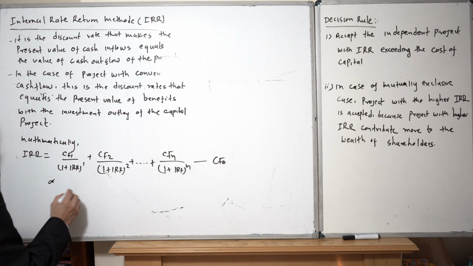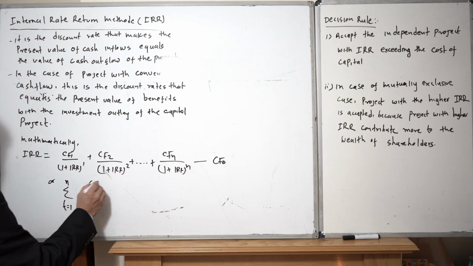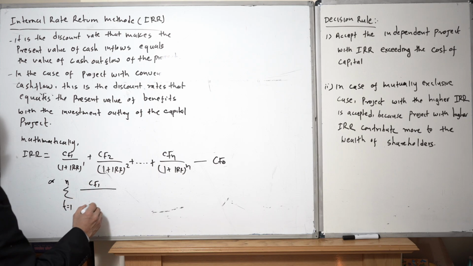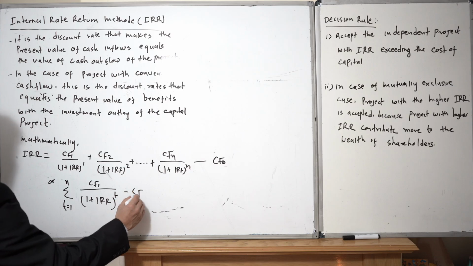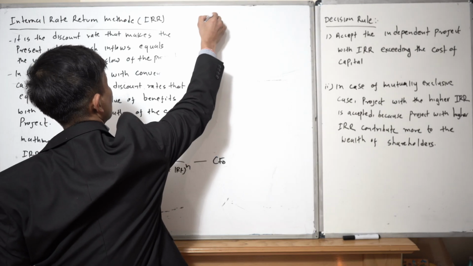It can be expressed as the summation from t equals 1 to n of CFt divided by (1 plus IRR) power t, minus CF0.